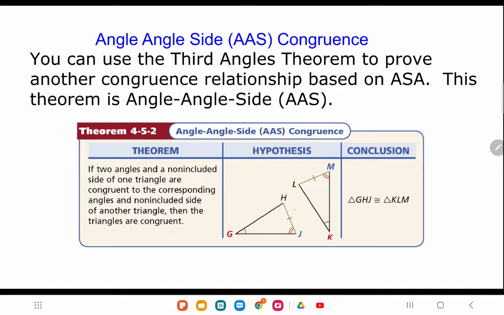So I have GHJ is congruent to KLM, naming my corresponding angles, then my not labeled corresponding angles, and then my angles labeled with two arcs, to get that congruence statement of GHJ is congruent to KLM. And again, this is angle, angle, side.